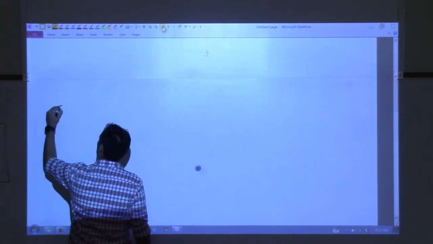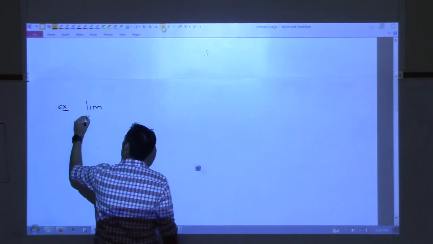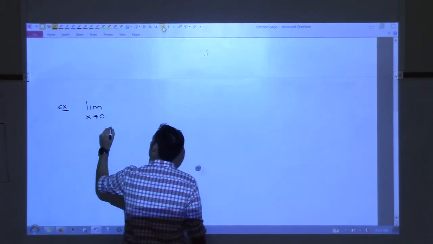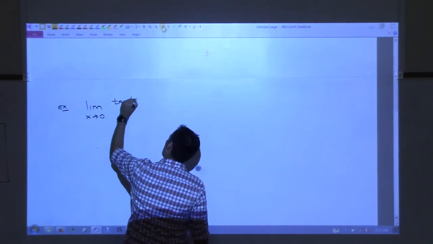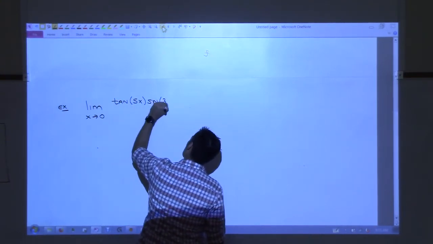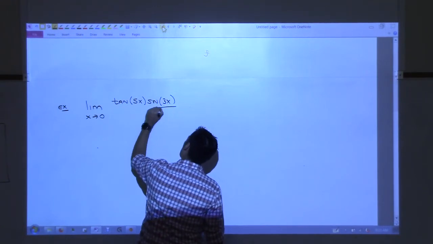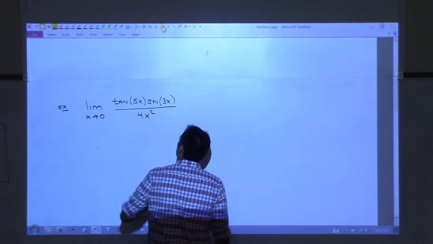Let's, as an example, take the limit as x approaches 0 of tangent of 5x sine of 3x over 4x squared.